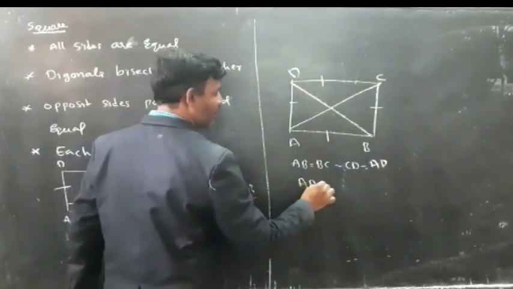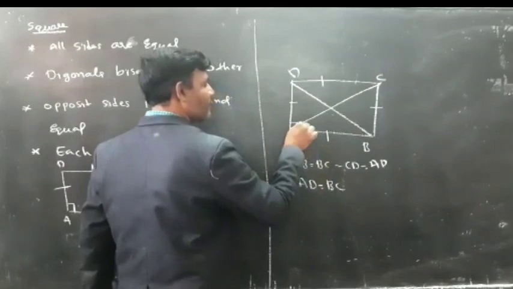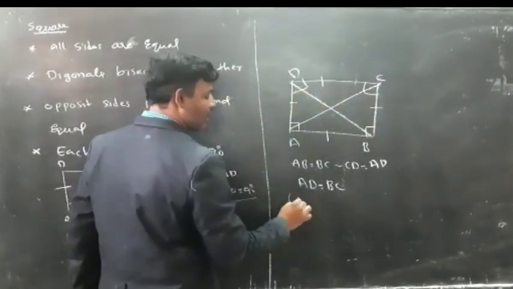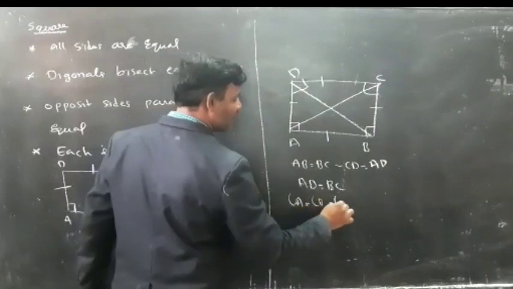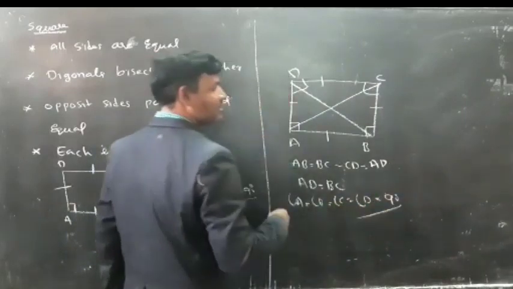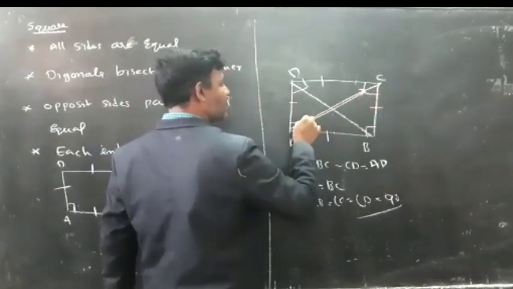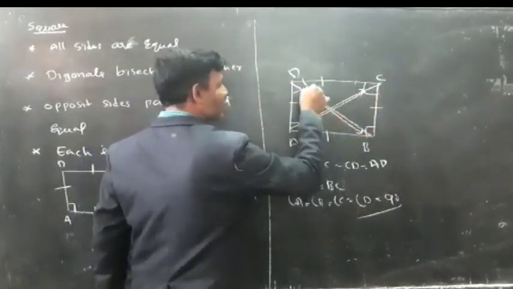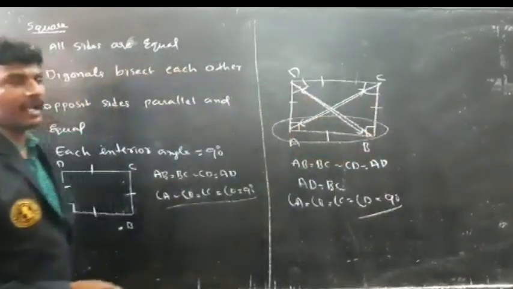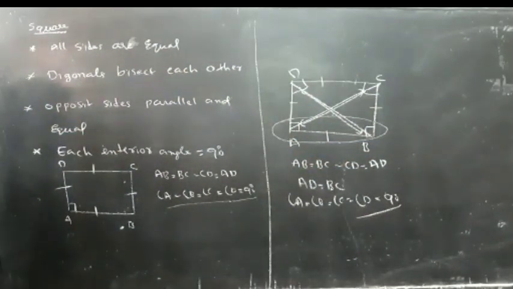Each and every angle is equal to 90 degrees: angle A is equal to angle B is equal to angle C is equal to angle D is equal to 90 degrees. Opposite angles are equal, and adjacent angles are supplementary angles.